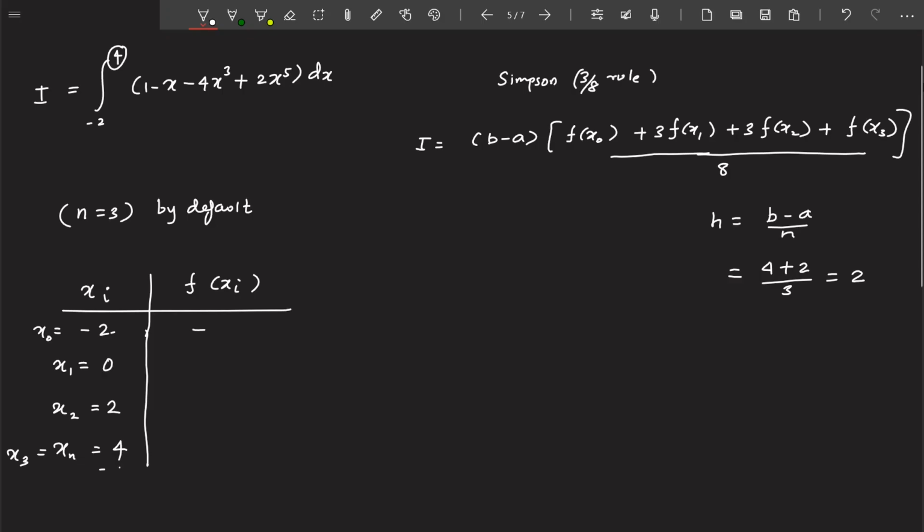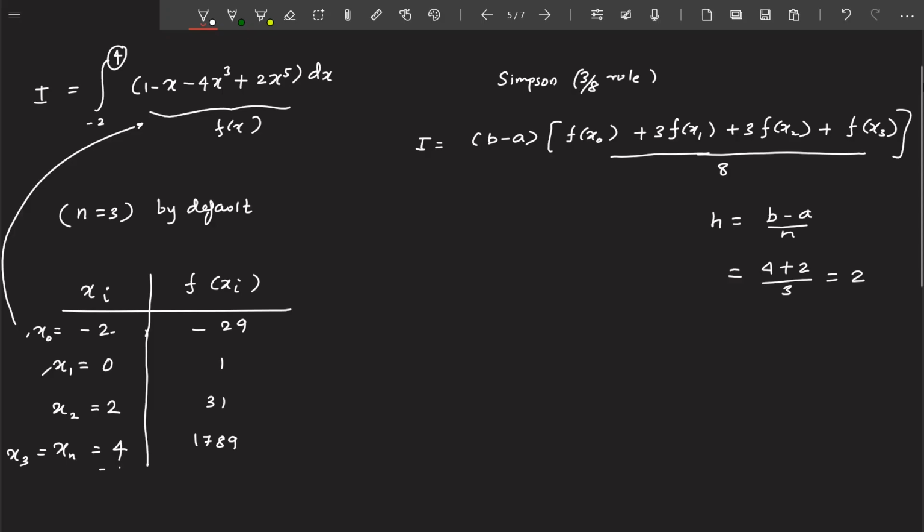And again, if you substitute these values of x0, x1, x2, x3 in f(x), you get these values, which is minus 29, 1, 31, 1, 7, 8, 9.